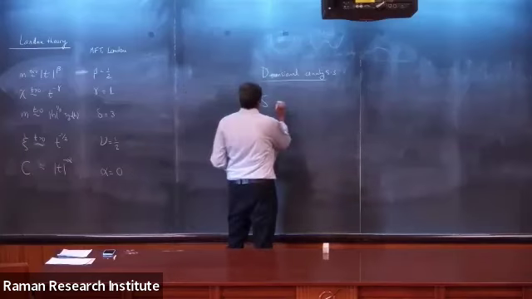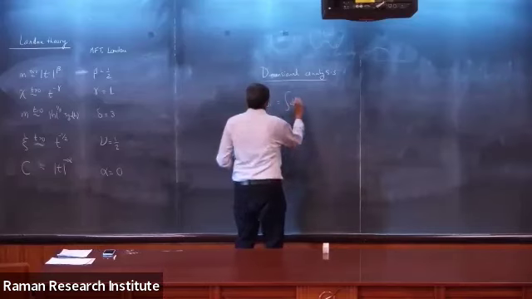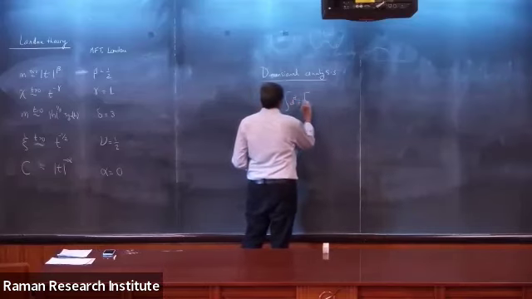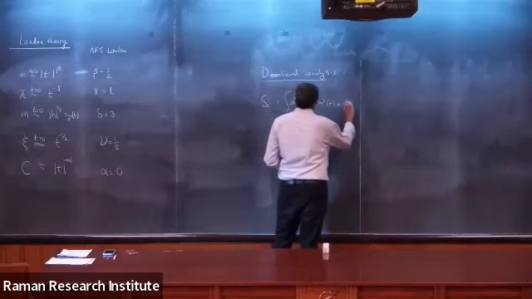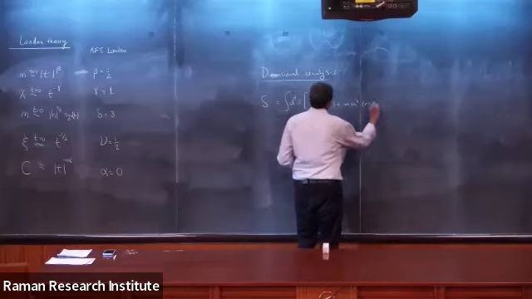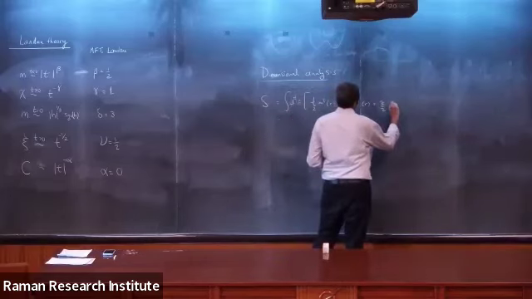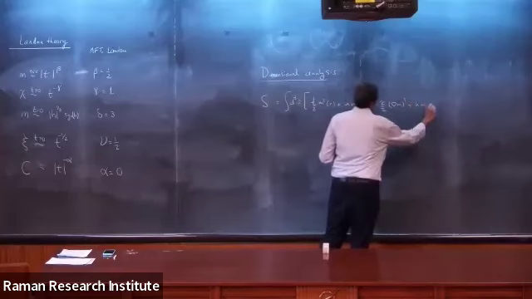It's some integral over space of t m squared of r plus some u m to the fourth of r, minus h m.